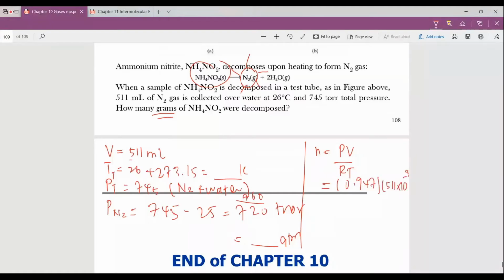Remember volume is in liters, so to change milli to liter, 10 to the negative 3, it becomes 511 times 10 to the negative 3, or you can write 0.511 liter. Divide by 0.0821 times temperature. Temperature is 26 plus 273.15, 299.15. Then get the number of moles.